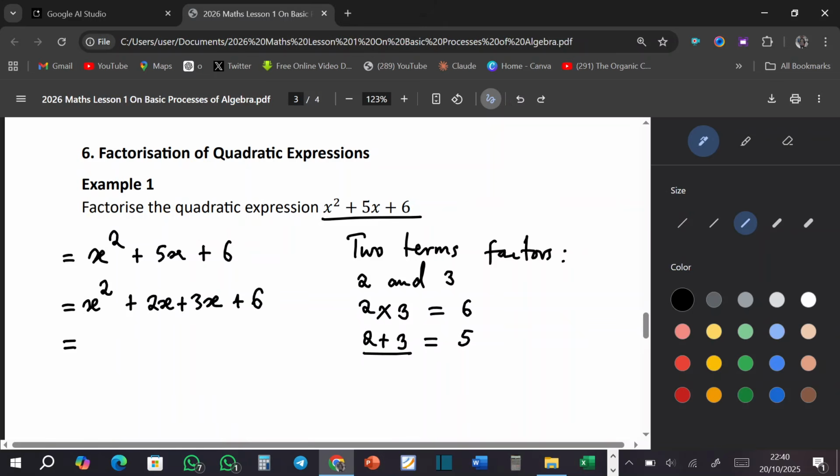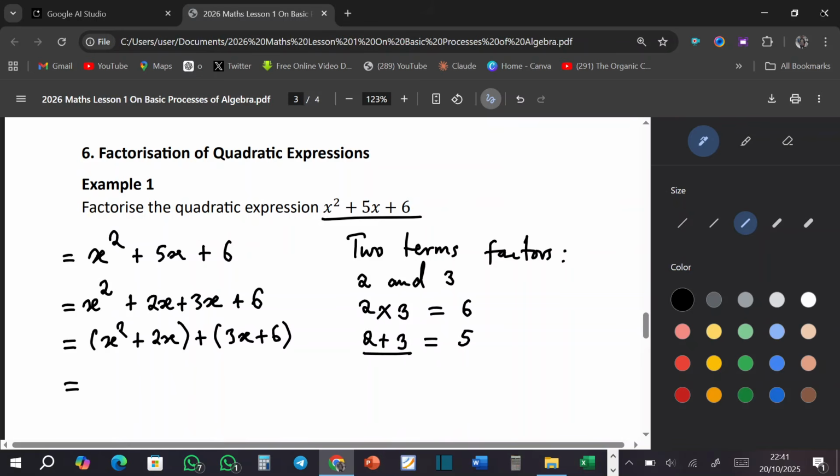So let me just copy, okay, to group them. So say open brackets, x squared plus 2x grouped, plus, then open brackets, 3x plus 6 close brackets. Then I'll say equals.